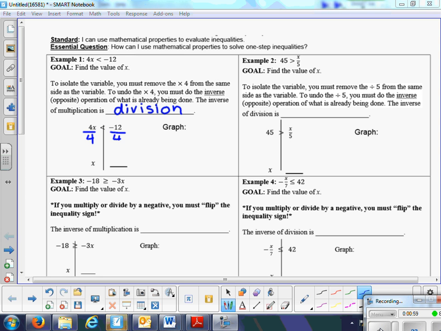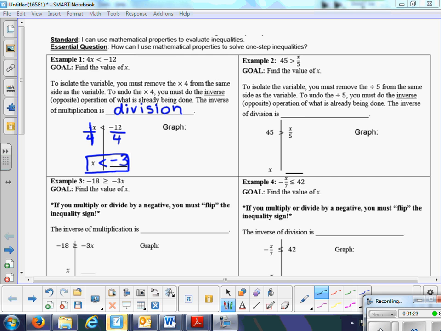Remember that we use the fraction bar to show division. 4 divided by 4 is going to give me 1, and 1 times x is x, so I've now isolated my variable. Negative 12 divided by 4 is going to be negative 3. We're going to bring down that inequality sign, so we get x is less than negative 3.